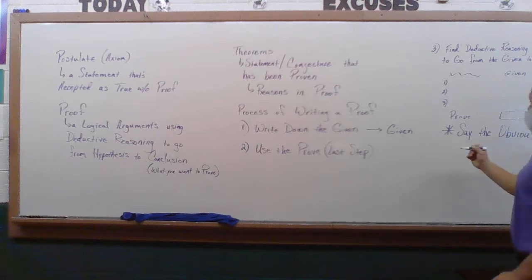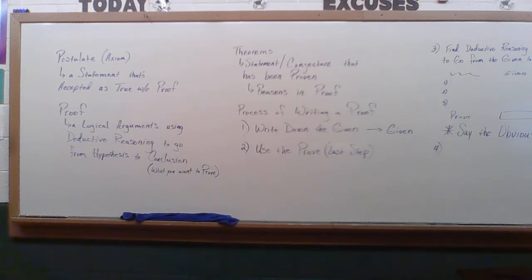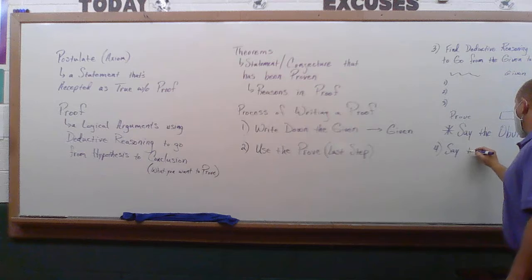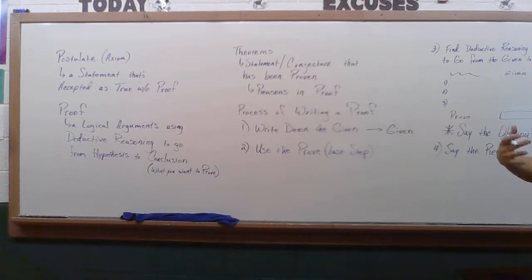So 3 and 4 are kind of the same. So 3 is finding those reasons why. 4 is say the reason. Sorry, so 3 was basically coming up with the statement. Number 4 is saying the reason why. Why can I say that?